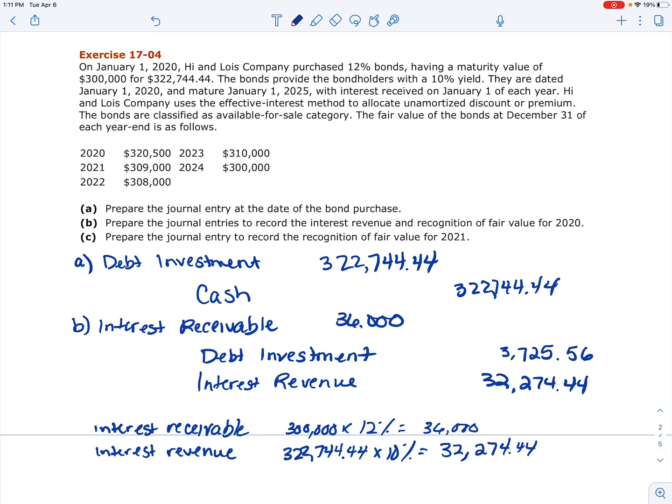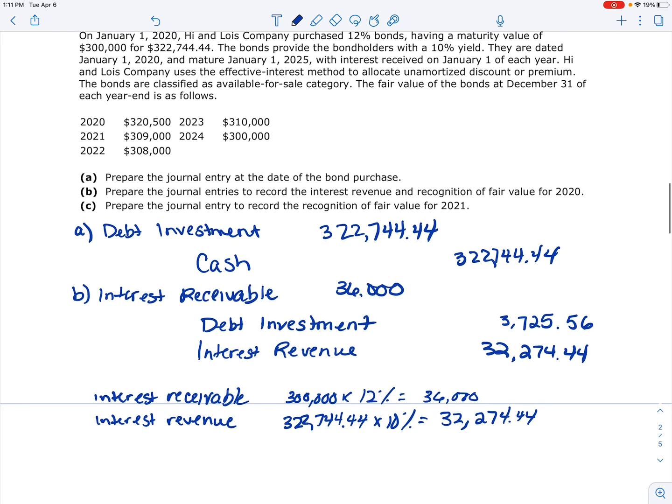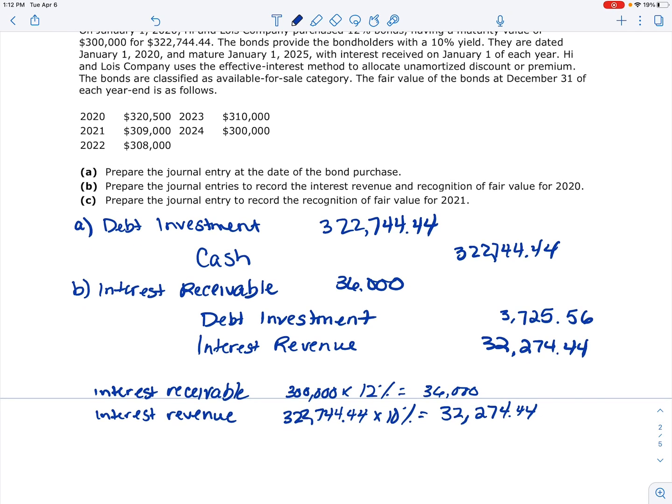So let's take a look at this in C. C, they want you to prepare that journal entry to record the recognition of the fair value in 2021. Oh, I'm still on B actually. First we have to do the fair value for 2020. We haven't done that part yet. So let's do that part first.